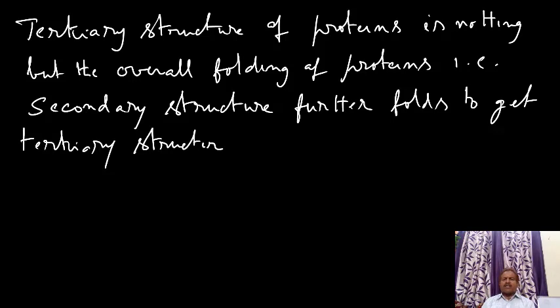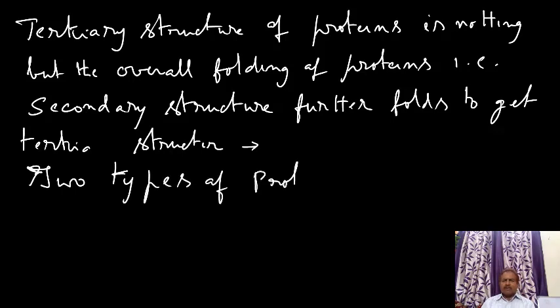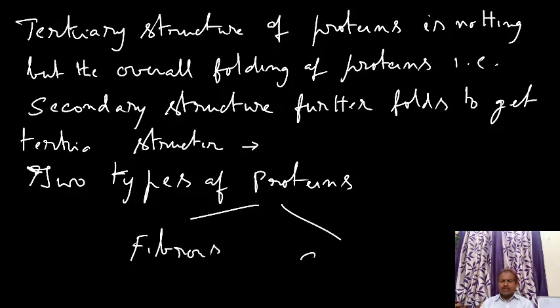In tertiary structure, there are two types of proteins obtained. What are those? Fibrous proteins and globular proteins. Already we discussed this in the beginning. So tertiary structure of proteins is nothing but the overall folding of the proteins, that is, secondary structure further folds to get a tertiary structure. The result of tertiary structure gives two types of proteins, that is, fibrous and globular.